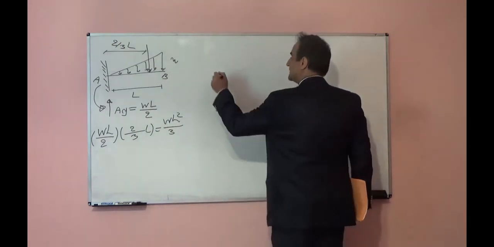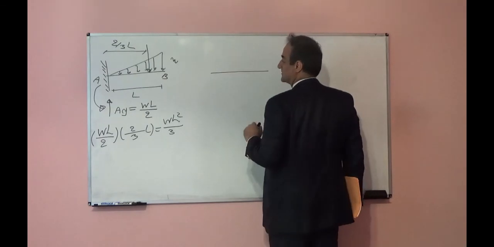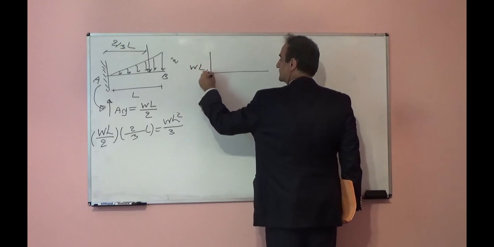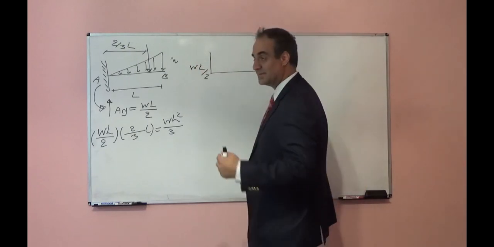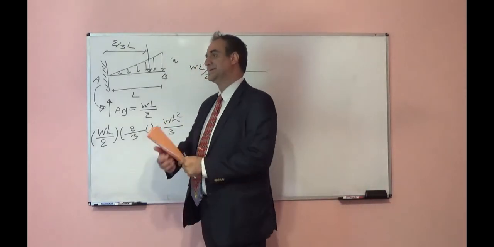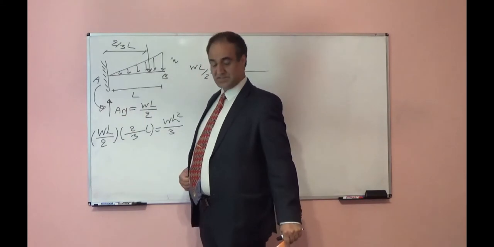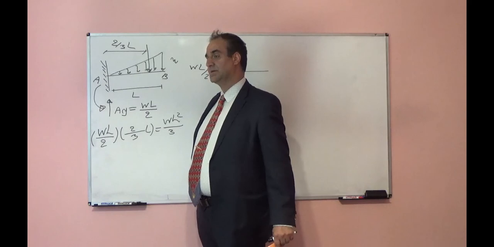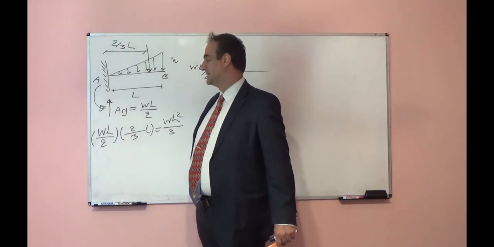Now, the shear diagram. As much as the reaction, I will move up, WL over 2. The derivative of shear gives us the intensity of the external load. From A to B, the intensity of the load is increasing.